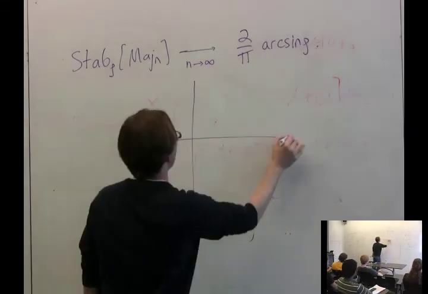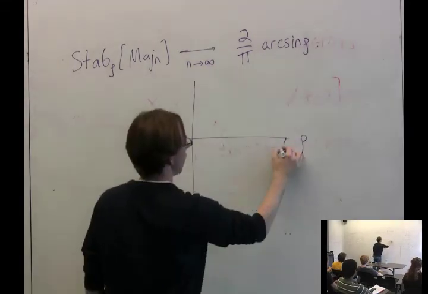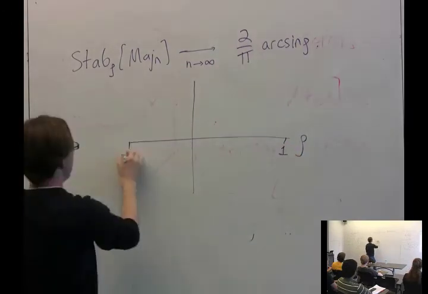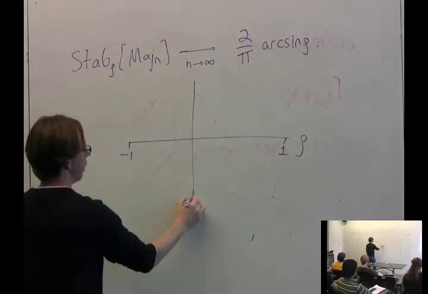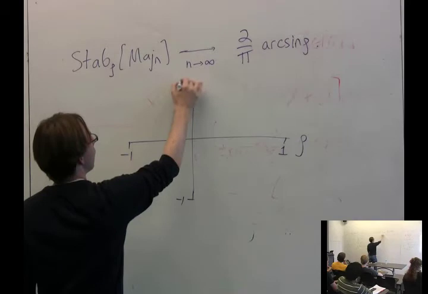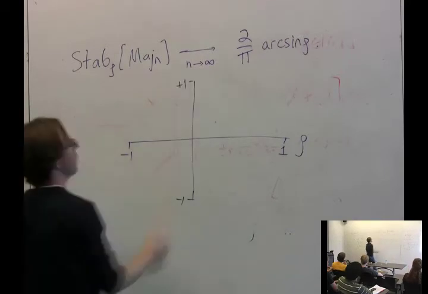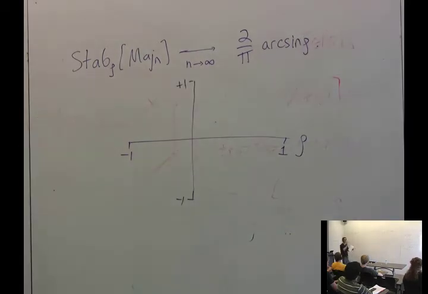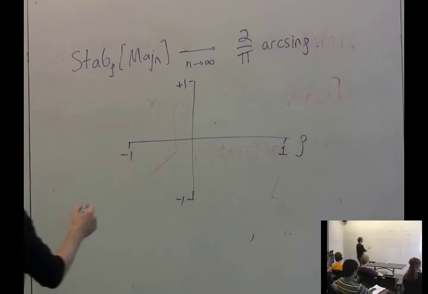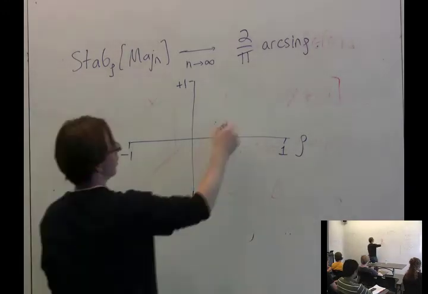Well, up to the 2 over pi, you see this is the rho axis. It's just the inverse function of sine, the trigonometric function sine. So you should just take the plot of sine and reflect it in the diagonal. So it looks like this.